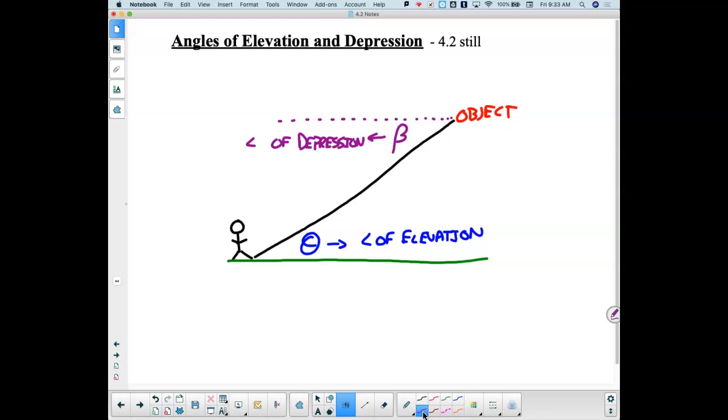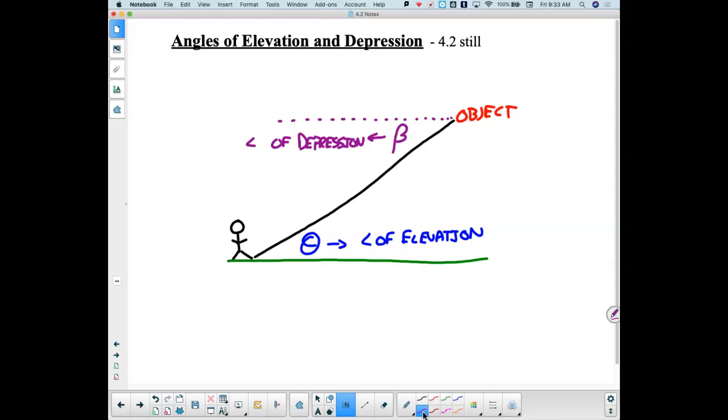Knowing what you know about geometry, if level ground is horizontal, what can you tell me about the angles of depression from one object and the angle of elevation from a person? They're the same.